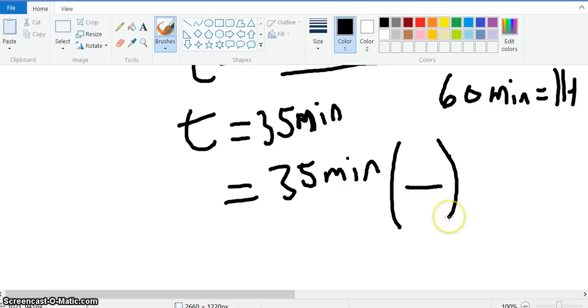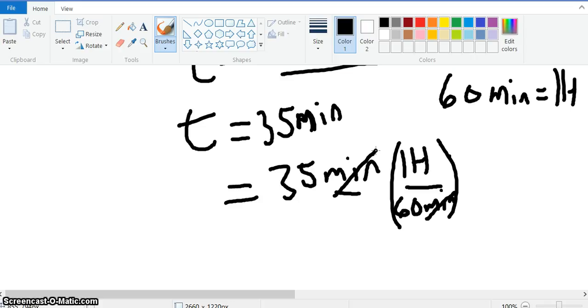Since we have minutes in the numerator, I'm going to put 60 minutes in the denominator and 1 hour in the numerator. Notice the minutes conveniently cancel. So it's really 35 divided by 60 hours.